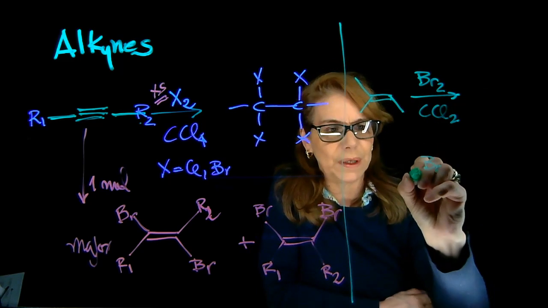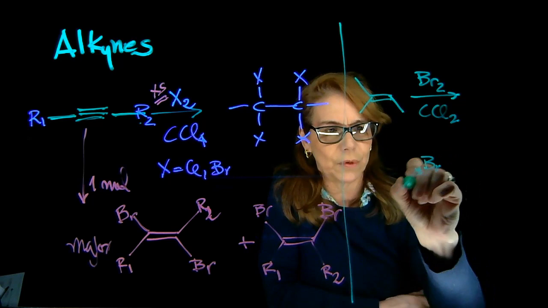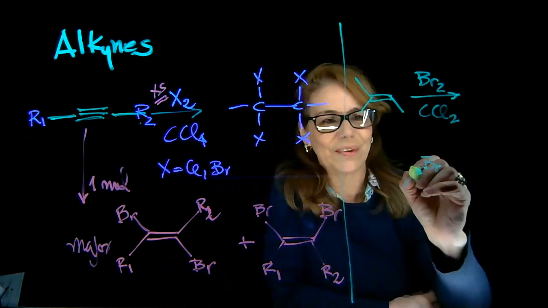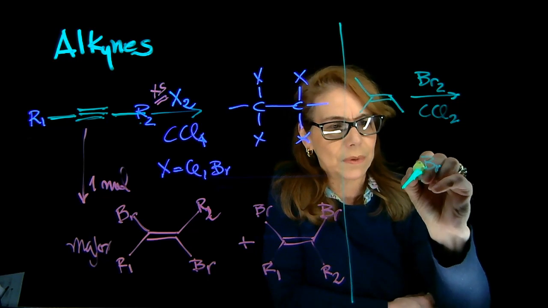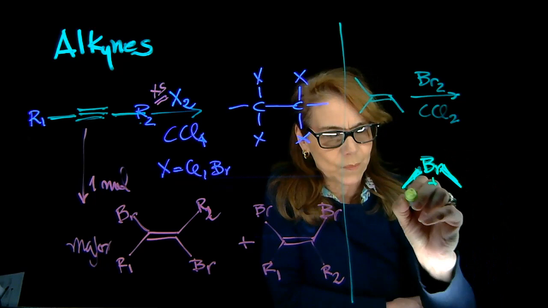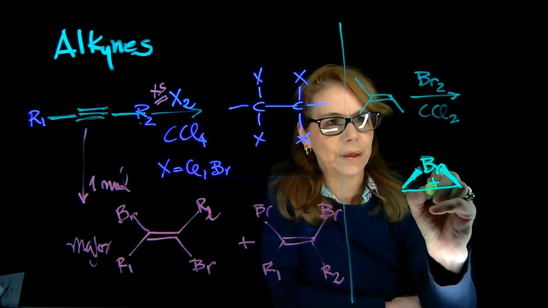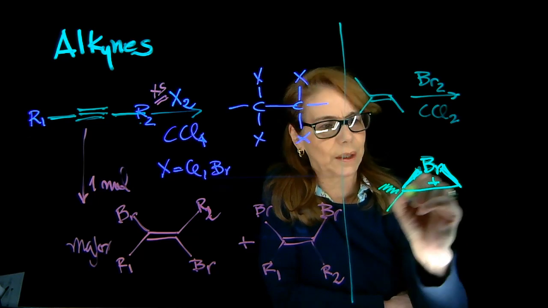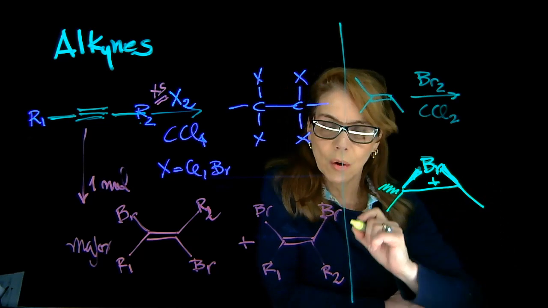So that intermediate, bromonium, let's do this. That's my bromonium intermediate. It will have a positive charge. And here you will have methyl, methyl, and here we'll have only 1 methyl.